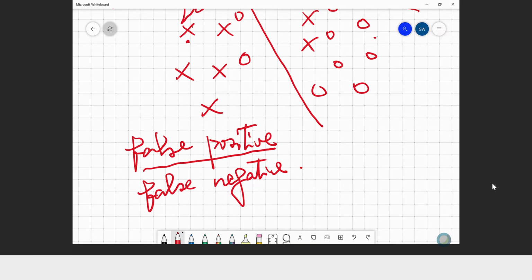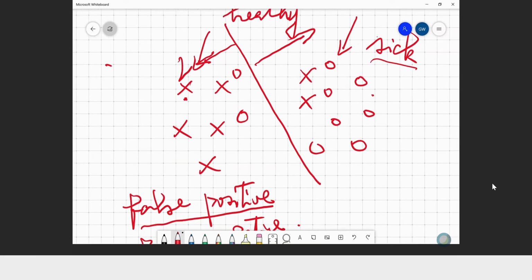So here you want to say, okay, let's reduce the false positive rate. What does that mean? That just means we will predict fewer observations to be positive. So this hyperplane will move to the right.